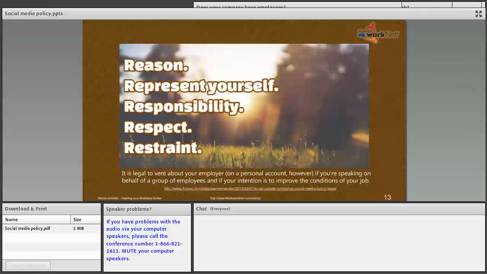Now, there was an article, and there is an article posted on the bottom of this slide, and it says it is legal to vent about your employer on a personal account if you're speaking on behalf of a group of employees and if your intention is to improve the conditions of your job. What I want to do is tell you that most of the information that relates to social media policies is all from 5 or 6 years ago.